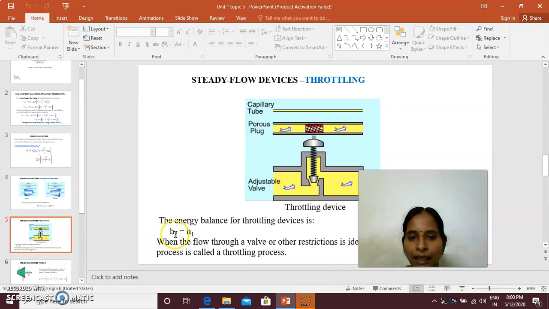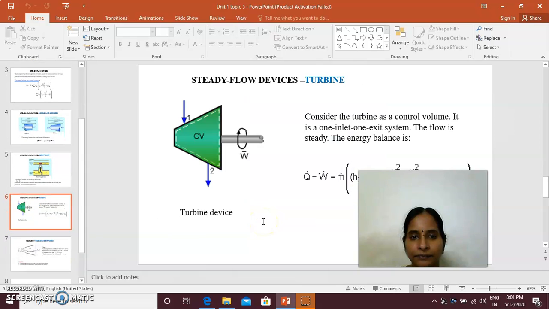We have to keep the energy content constant by the porous plug, by adjusting the valve, keeping the heat energy content of the device at the same level. When the flow through a valve or restriction is idealized in this way, the process is called a throttling process, to maintain the heat content.